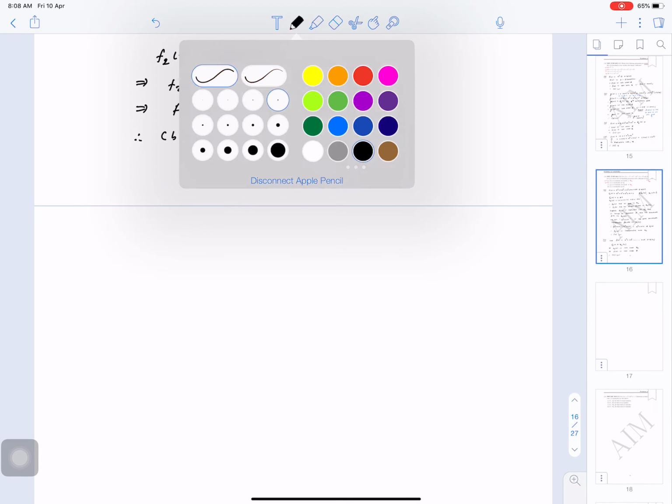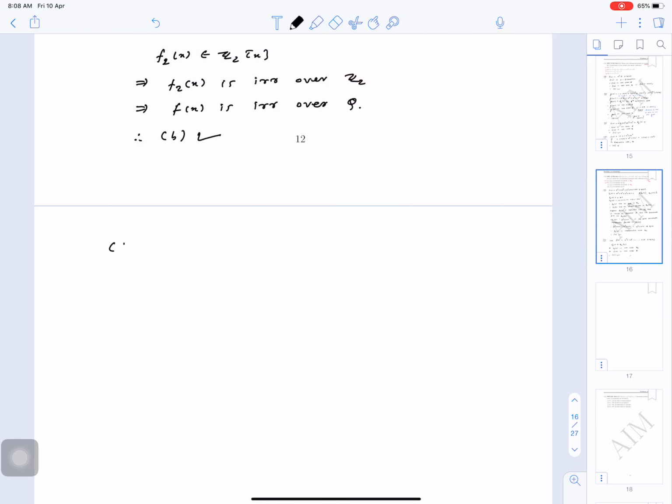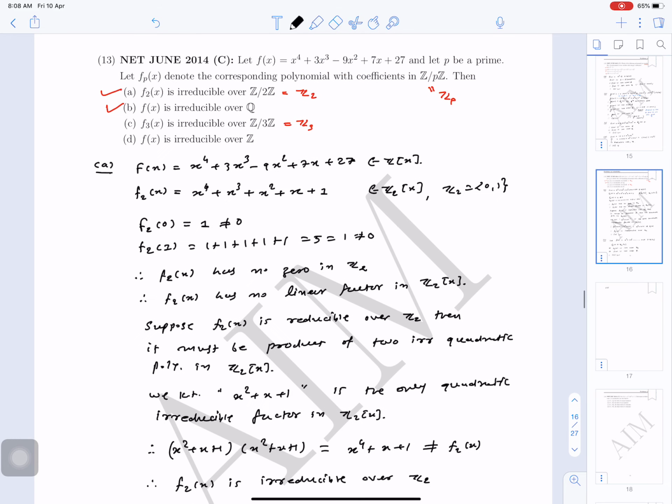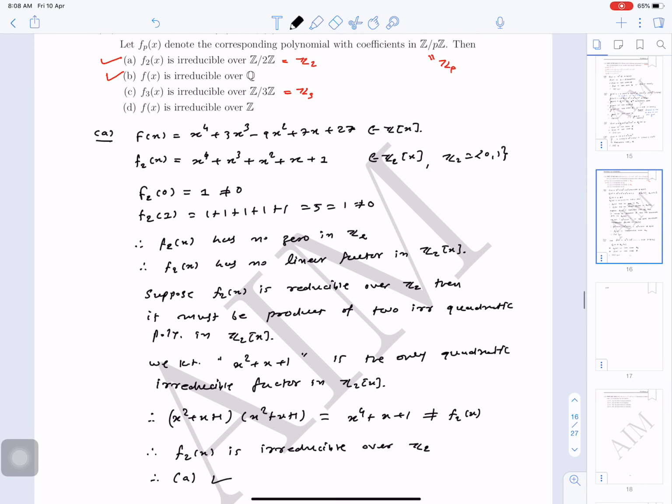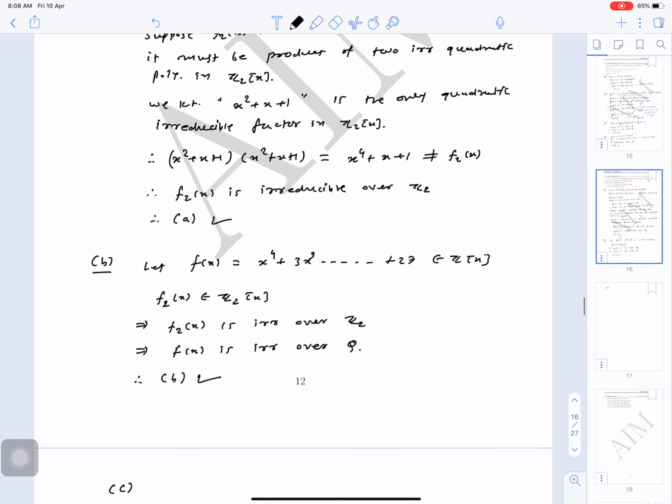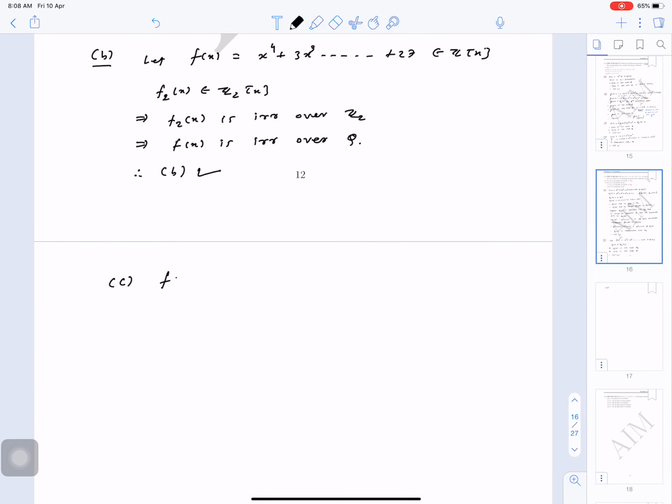So now let us go for part C. In C, f3(x) is irreducible over Z3. So here f(x) is x raised to 4 plus 3x cube minus 9x square plus 7x plus 27, and f3(x) will be what?